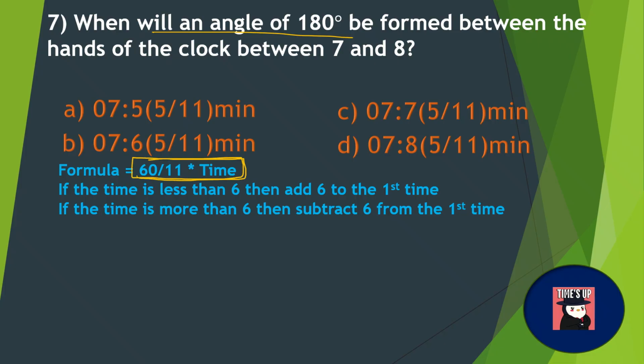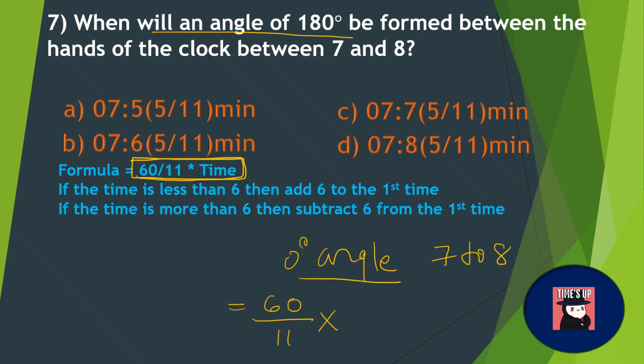Now, in the 0-degree angle, if they say from 7 to 8, we used to use the same formula into time. Instead of time, we need to substitute the first time, that is 7. Here also we will do the same thing.